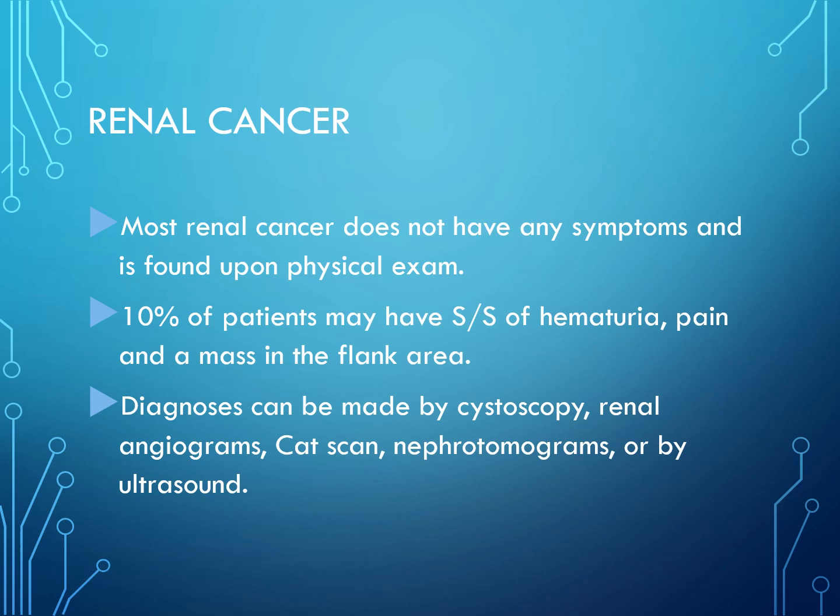A radical nephrectomy is usually going to be indicated, removing the tumor in the kidney, the adrenal gland, as well as any lymph nodes, fat, and fascia. Most renal cancer does not respond to chemo, but sometimes after surgery, chemo will be given in addition to removing the kidney.